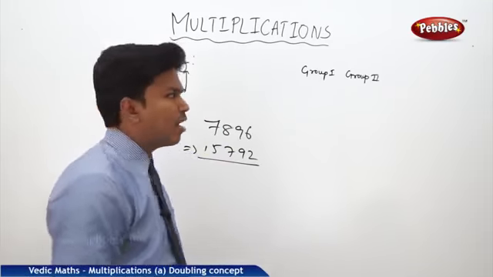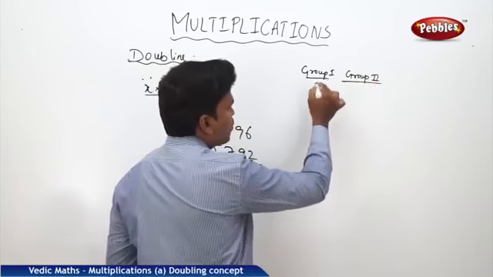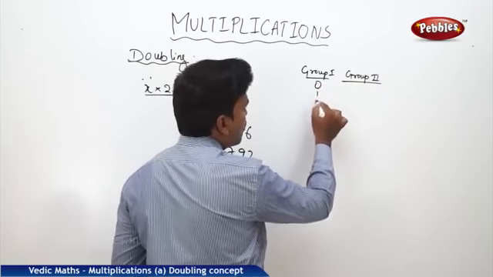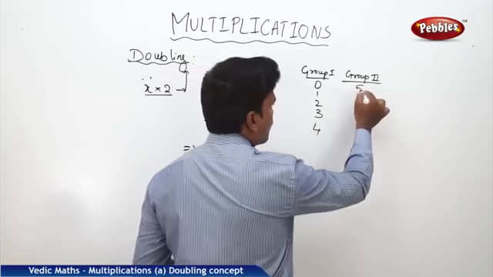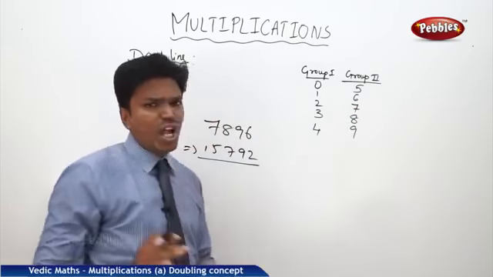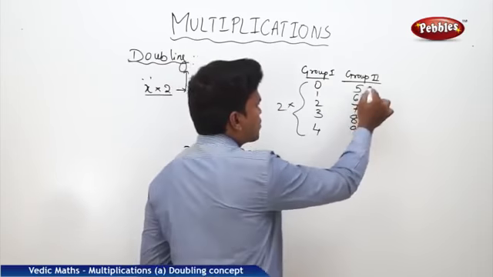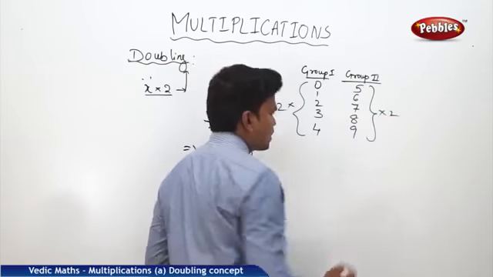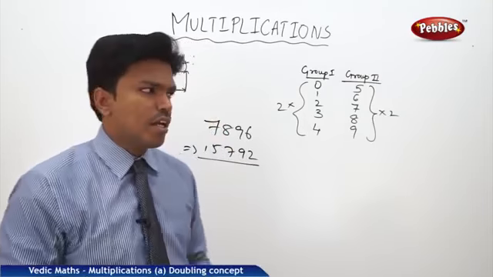How? Let us see. There are two groups of numbers, group 1 and group 2. In group 1 we have 0, 1, 2, 3, 4, whereas in group 2 we have 5, 6, 7, 8, 9. Now tell me, if I multiply the group 1 numbers as well as group 2 numbers by 2, what is the difference you will find in these results?